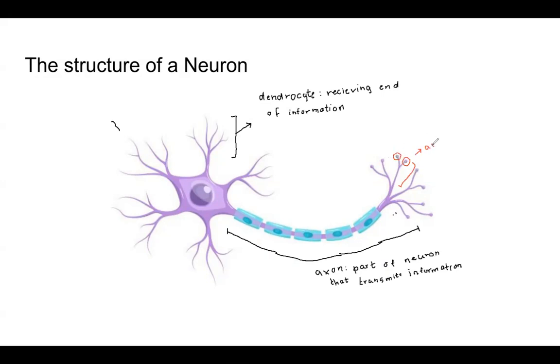So each axon terminal makes a connection with one dendritic branch.